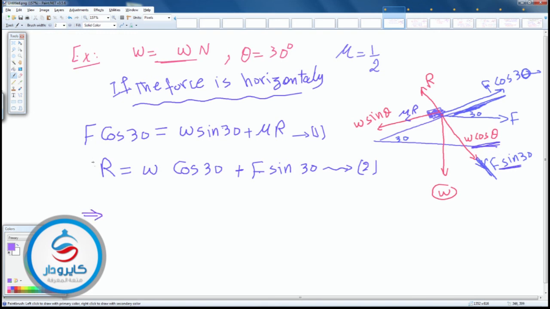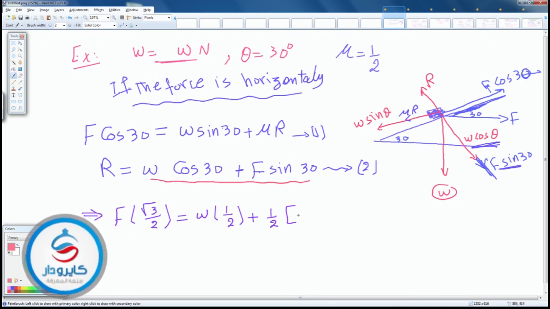First, F cosine 30, which is root 3 over 2, equals W sine 30, which is half, plus mu, which is half, times R. We use the expression of R, which is W root 3 over 2 plus F times half.